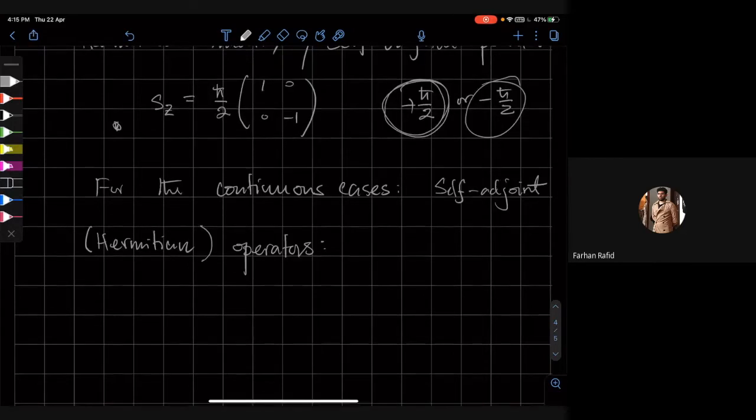Examples of them are, say, position. So this is, say, the position operator.